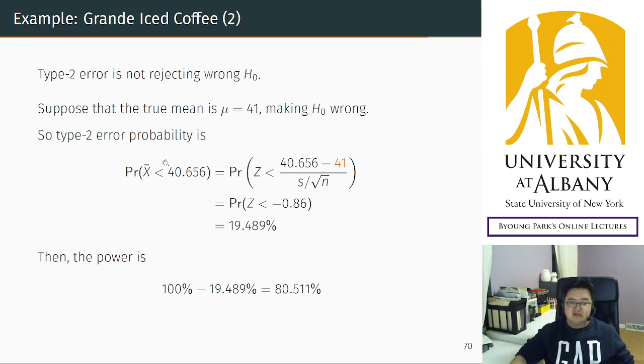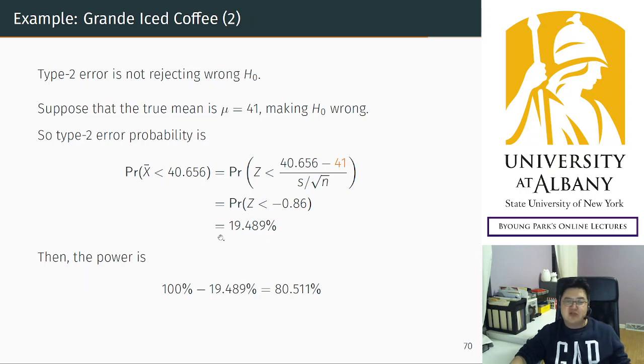So the inequality is simple, and standardization uses 41. 41 is the value you assumed. So use this, and standard deviation the same. So in the end, you will get minus 0.86, which gives you 19.489%. So approximately 20% is type 2 error probability.